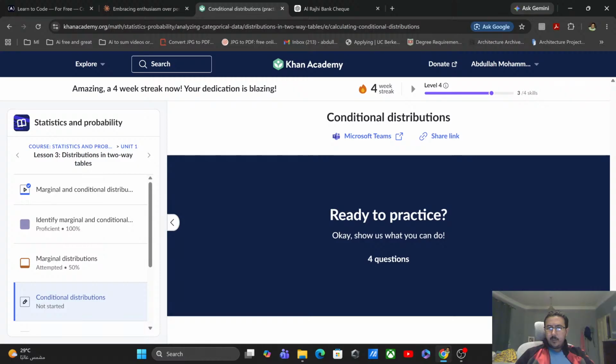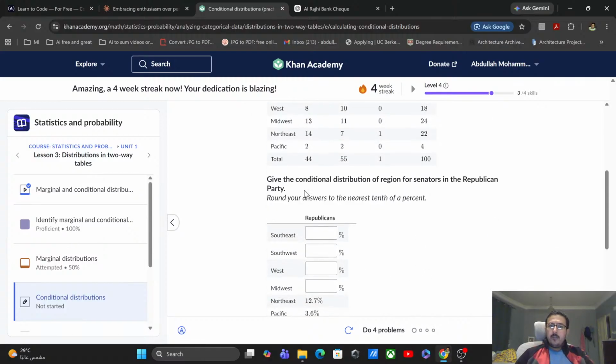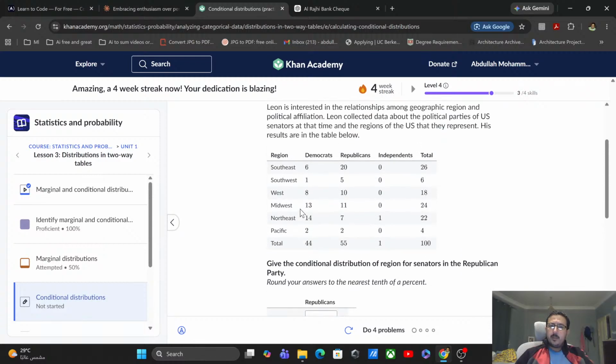Let's practice. Okay, show us what you can do. Leon is interested in the relationship among geographic region, Democrats, Republicans, Independents data. Give the conditional distribution of region of senators in the Republican Party. So it's about senators at the time and the region.